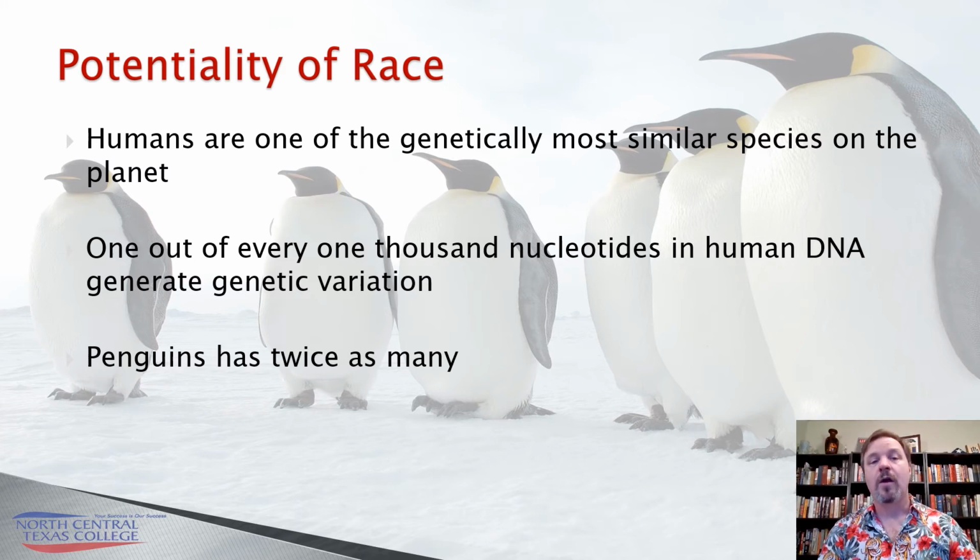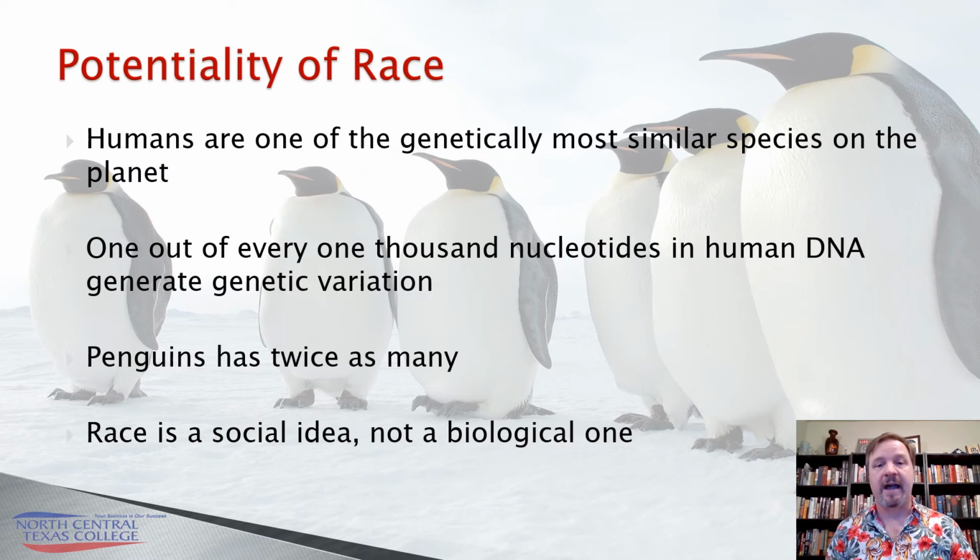As I mentioned before, race is not a biological idea. It is a social idea. There are no subspecies of humans. As a matter of fact, as a mental practice, if there was a catastrophe across the entire globe that wiped out everyone except the people in Europe, all right, only Europeans survived and the rest of the globe got wiped out, we would still maintain 94% of our genetic similarities, right?